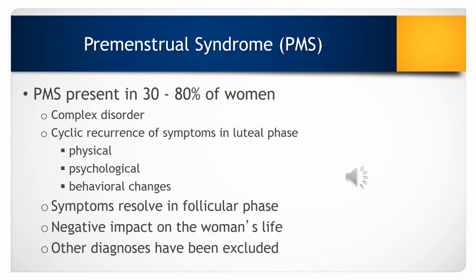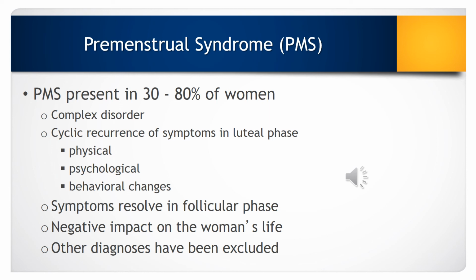Premenstrual syndrome, or PMS as it's commonly known, is a combo of emotional and physical symptoms that around 30 to 80% of women present with within their menstrual cycle, and particularly during that luteal phase.